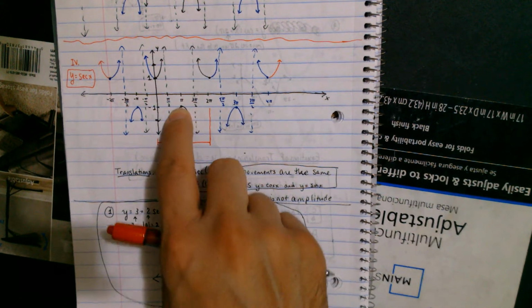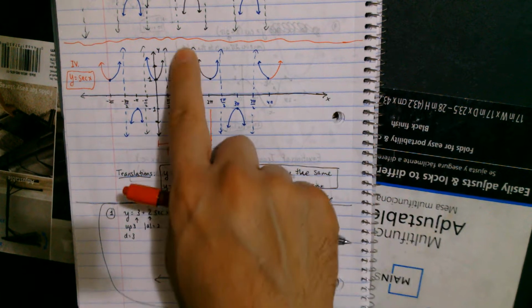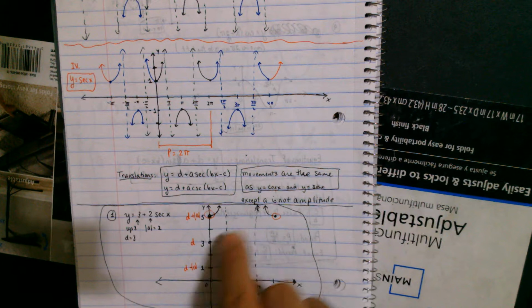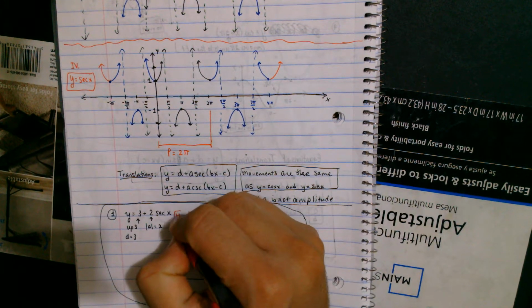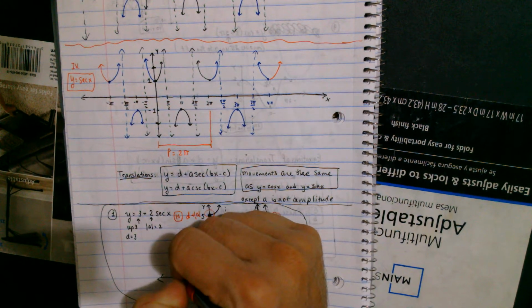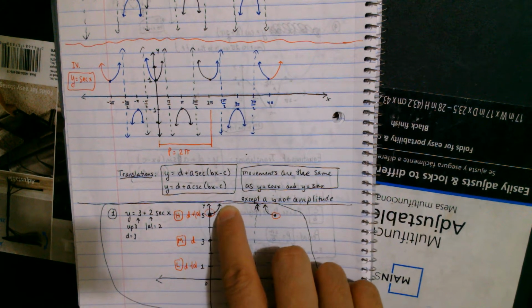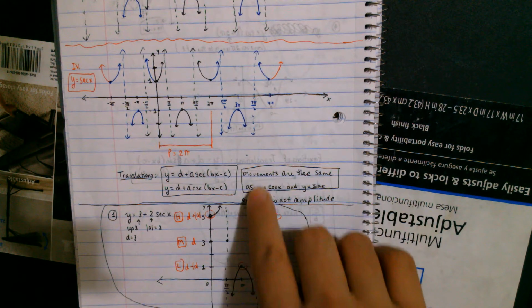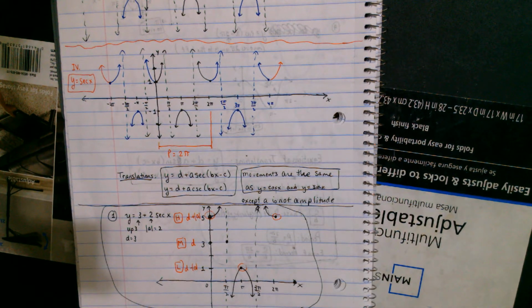Then the next one over is the lowest point, going down, followed by an asymptote, then the other half of the happy face at the highest point. So, again, this is your highest point, this is the middle, and this is the lowest point. So how does secant work? Highest point is half happy, then the next point is asymptote, then the next point is your lowest, then the next point is the asymptote, the next point is the other half of the happy face. And that's how it works.